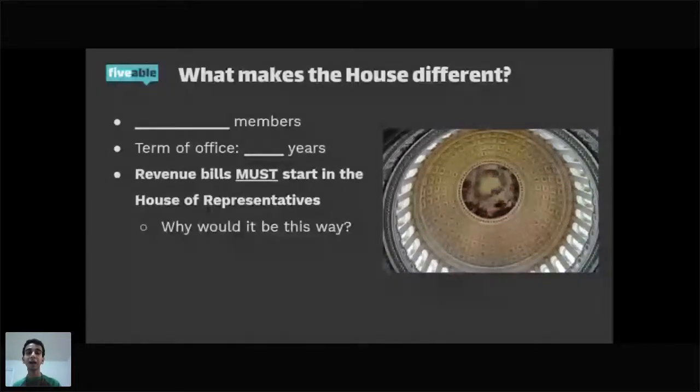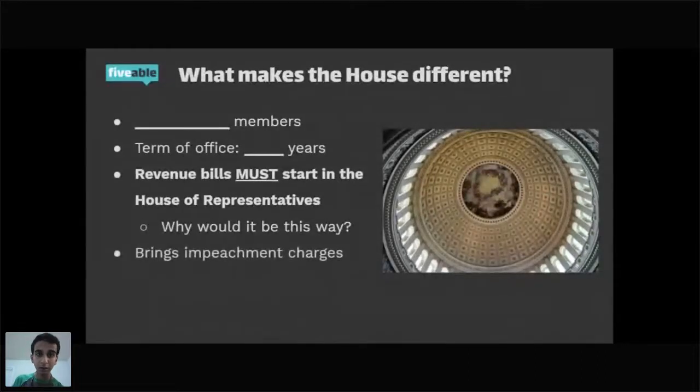So because the House is much closer to the people, all revenue or taxation bills have to start in the House. This is a really key fact, and if you're taking notes, I'd definitely write this down because it will be tested on the AP exam. And we'll see in some release questions right after this that it's on there as well.